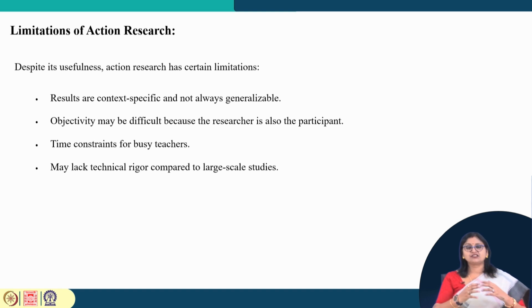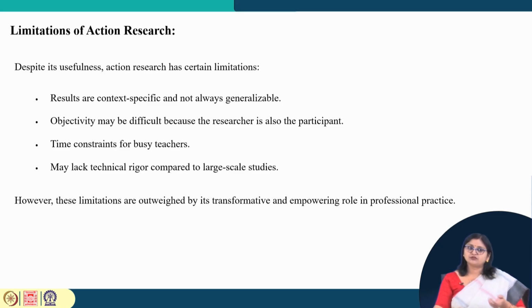But teachers are so overloaded with work that they are unable to conduct action research. It may also lack the technical rigor compared to large scale studies. Maybe teachers are not acquainted with conducting action research. Maybe they are not interested or they are not able.